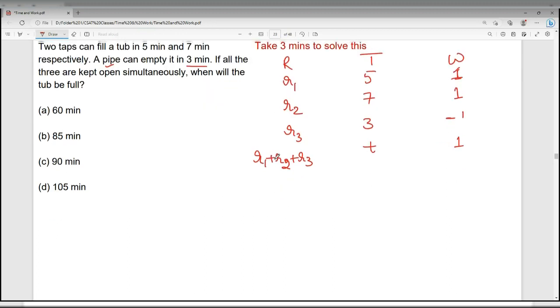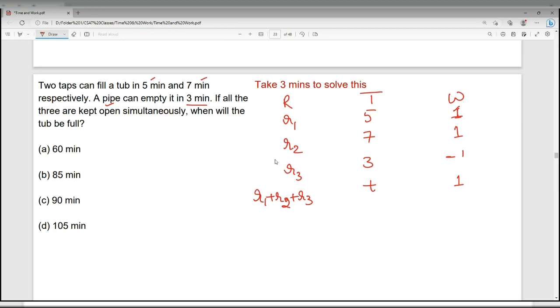So from the standard formula, that is R into T is equal to W, we have R1 is equal to 1 by 5, R2 is equal to 1 by 7, R3 is equal to -1 by 3.